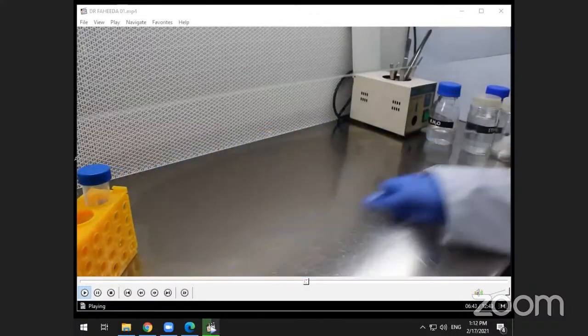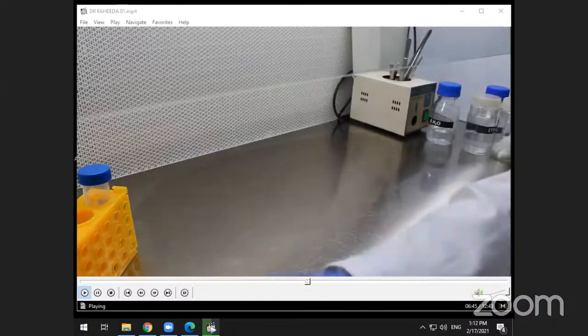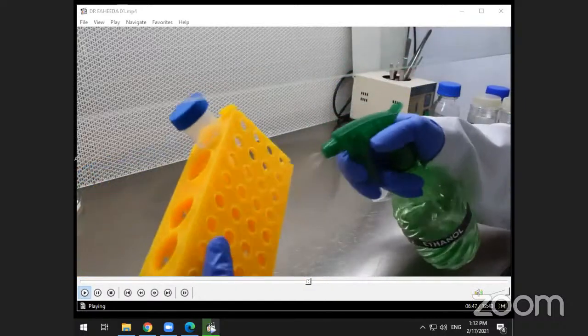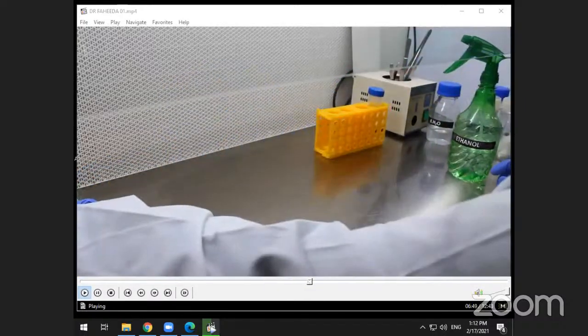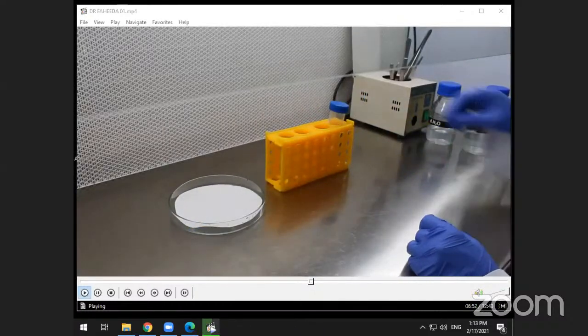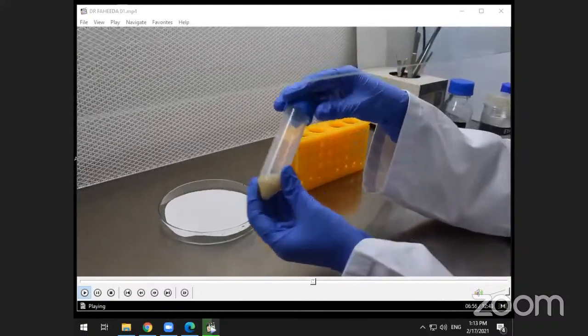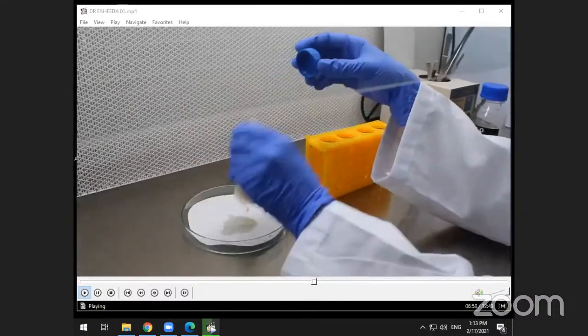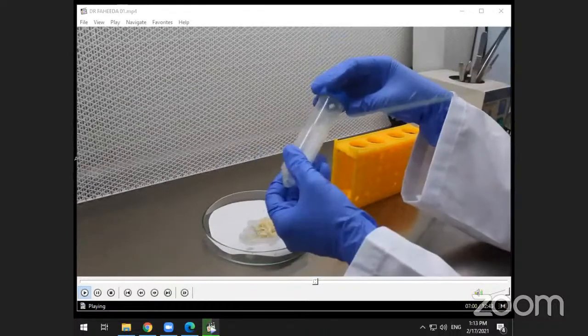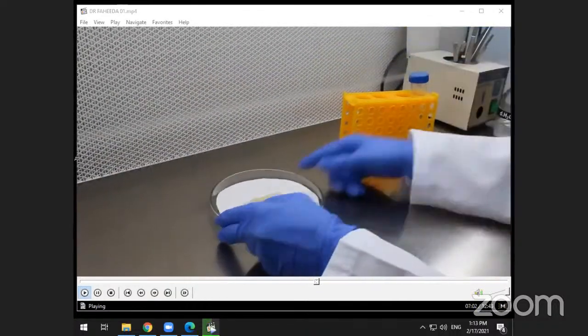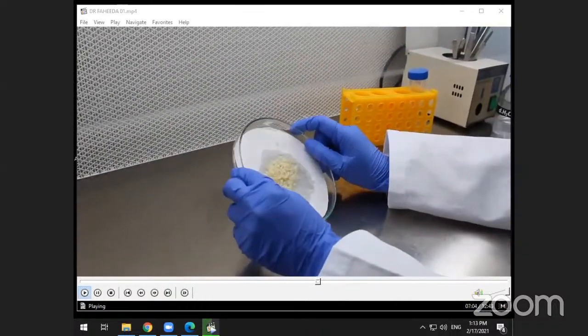After sterilization of eggplant, clean the surface of hood with 70% ethanol. Spread the seeds in a Petri plate to soak all the liquid.